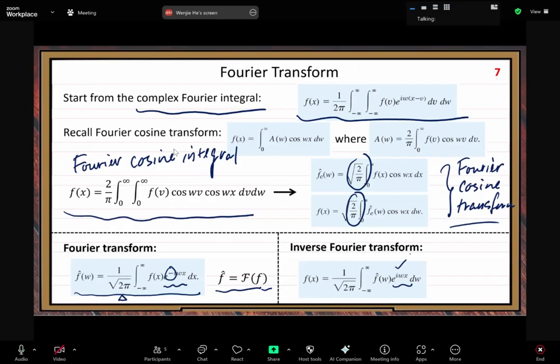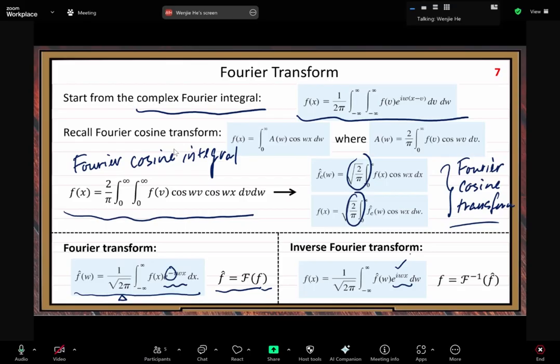Because in this way you do not treat them as the same transform. The inverse and original transform should be different. But the difference you can see is very little, only a sign change when you go from the transform to the inverse transform.